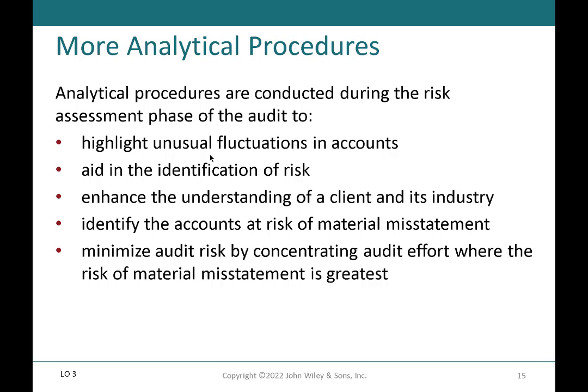And this is also going to help us understand the client and its industry. So we don't want to look only at analytical procedures focused on our company. We also want to look at ratio comparisons between our company and other companies in the industry to get a feel if there are some outliers going on with the company that we're auditing. And also these analytical procedures need to be focused on identifying accounts that may be at risk of containing material misstatements.